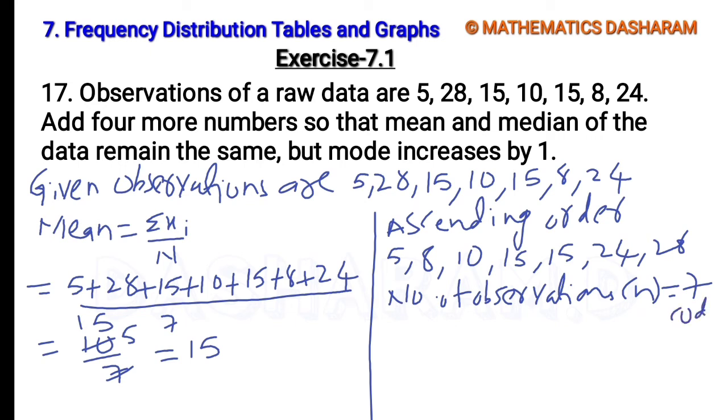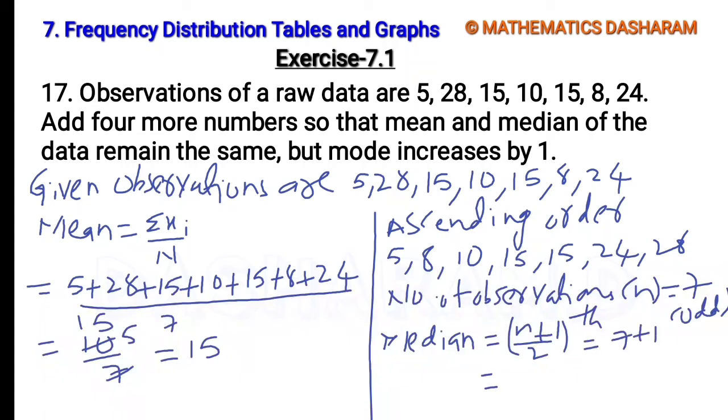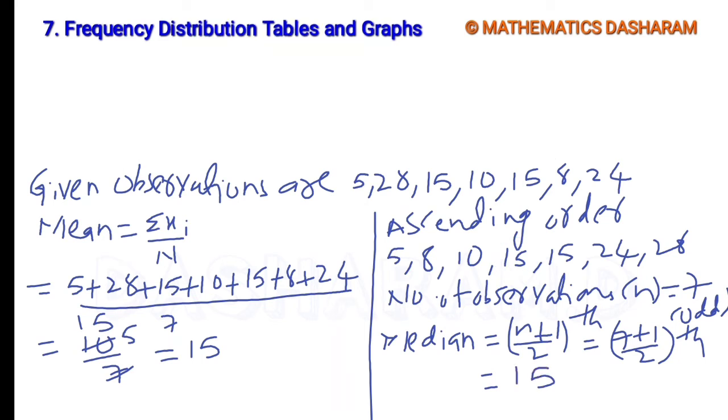So 7 is an odd number. So then the median answer is the middlemost value, that means the (n plus 1) by 2 observation. So (n plus 1) by 2 means (7 plus 1) by 2, 8 by 2, that is the fourth observation. What is the fourth observation? 15 is the fourth observation. So the median is 15.